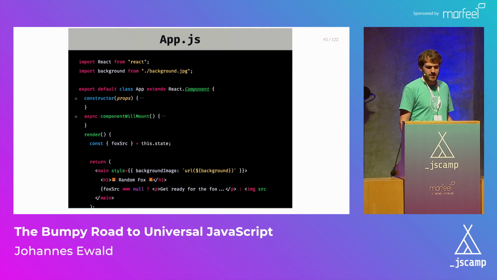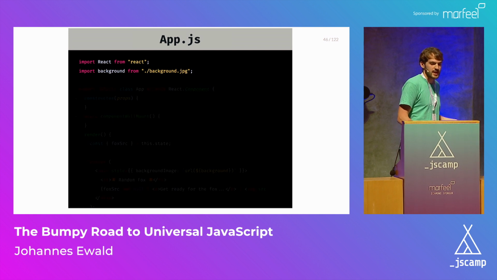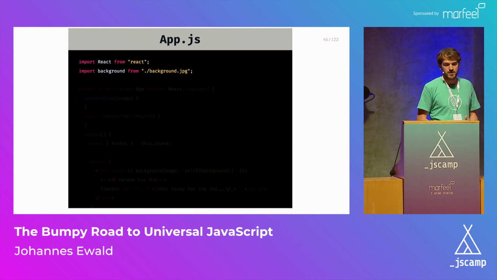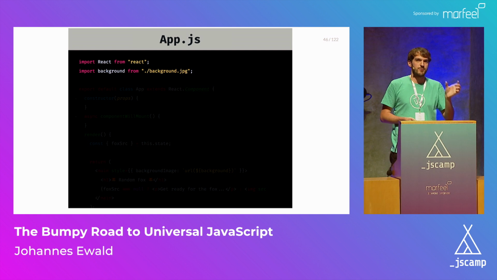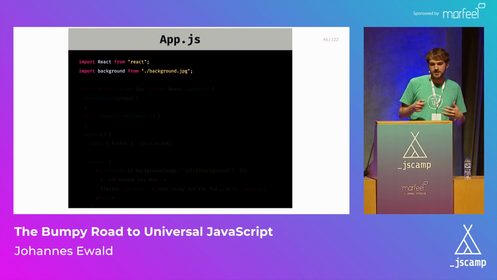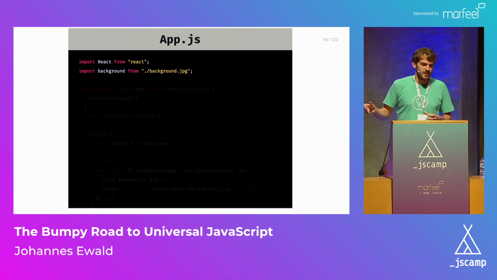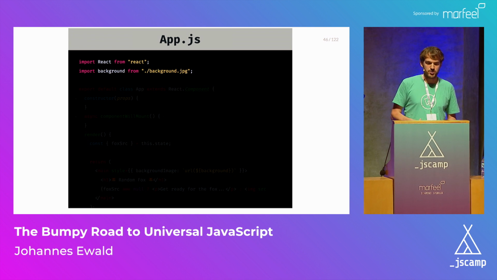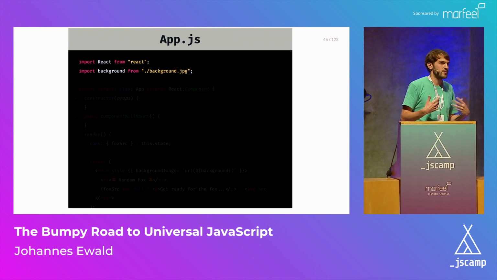And in fact, our app component here is neither executable in the browser nor in Node. For instance, if you take a look at the import statements, we have this bare import specifier, which is the React string. We call it a bare import specifier, and that's the thing that comes up if you want to load something from node_modules. And we also import an image, which is not really specified.